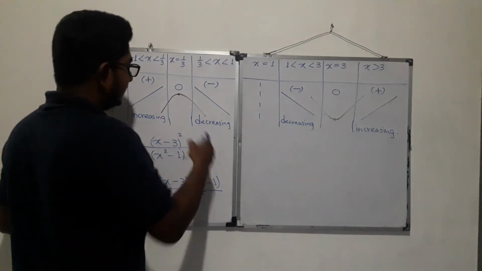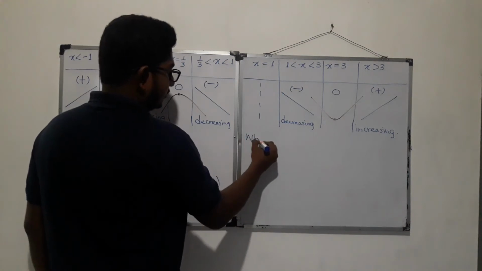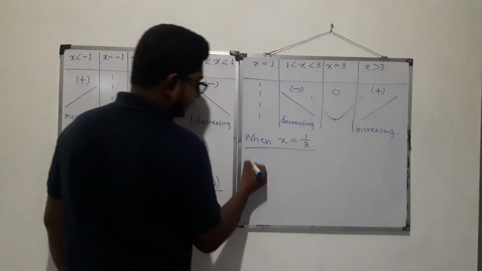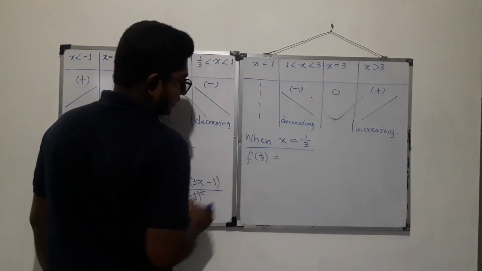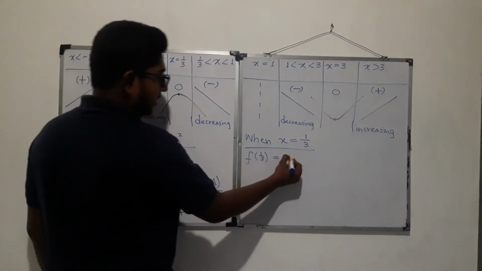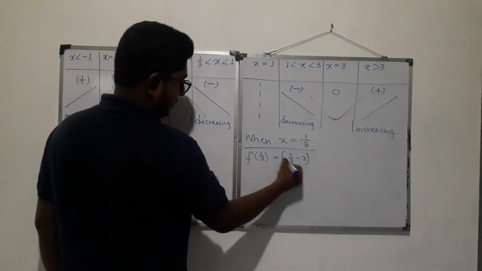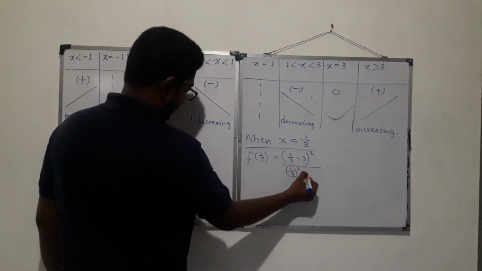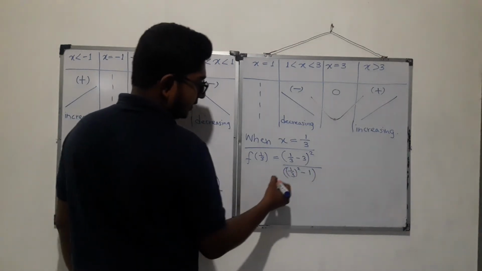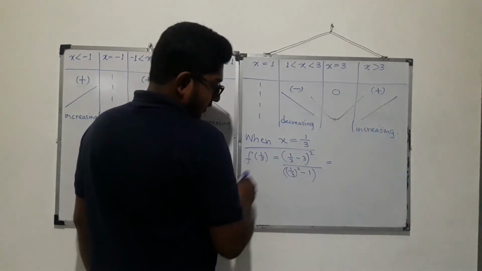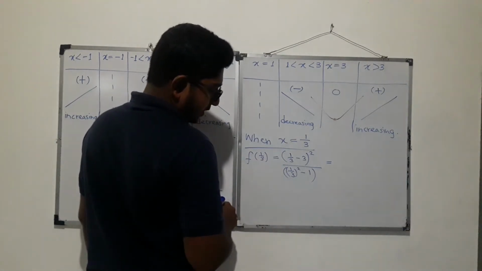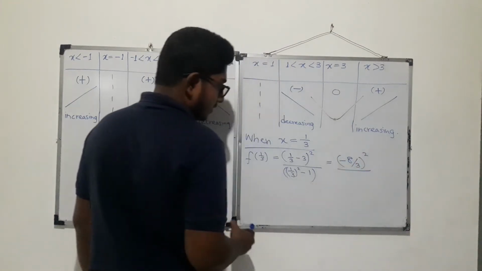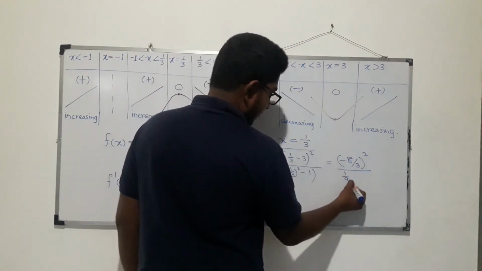Now, to find this turning point, I have to substitute 1/3. So when x equals 1/3, what will happen to the function? Function is (x minus 3) squared over x squared minus 1. That is (1/3 minus 3) squared over (1/3) squared minus 1. Now simplify. This is (minus 8 over 3) squared. Here we have 1 over 9 minus 1.